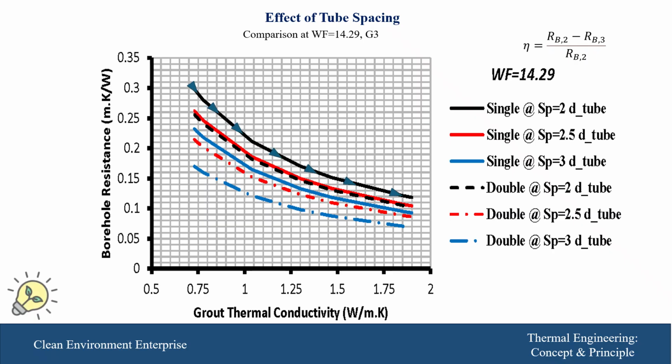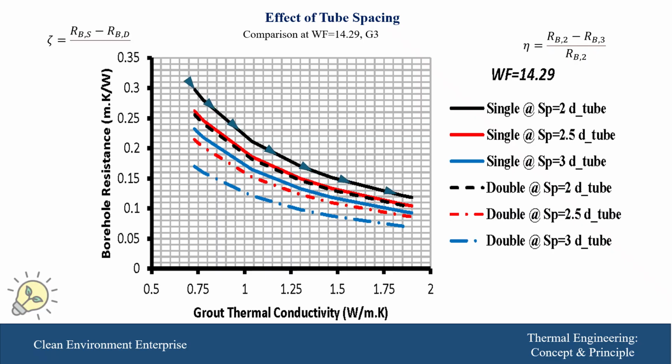Here, for this geometry, the lower tube spacing of 2 D naught exhibited a higher thermal resistance than that of the 3 D naught in the range of 22 to 24% for the single U-tube, and it fell in the range of 32 to 34% for the double U-tube case, where we have the same variation of SP between 2 D naught and 3 D naught.